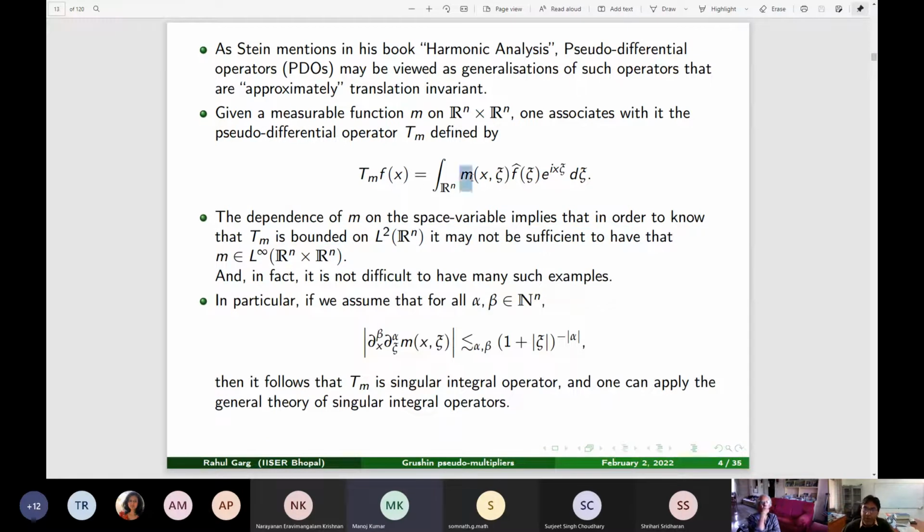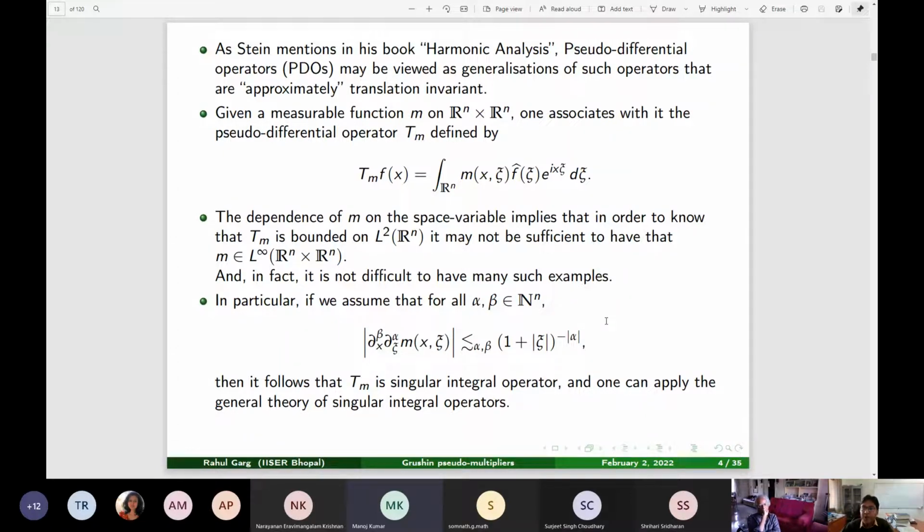Give much more condition, a Hörmander type of condition, where you say that if you take derivatives in the xi variable and each derivative produces a negative decay at infinity, and if you also allow that the derivatives in space variables are bounded, then it turns out that these are Calderon-Zygmund operators. You can apply singular integral operator theory, and one can not only prove L2 boundedness, but rather LP boundedness for every p.